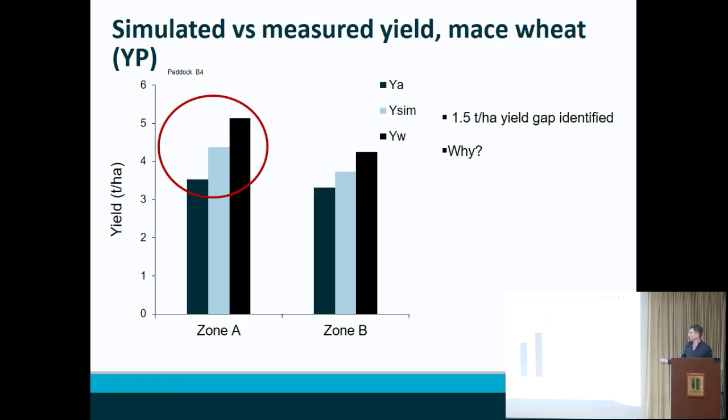And you can see here in this particular example, on zone A of this particular field, we have a 1.5 tonne yield gap, which is quite substantial. In zone B, where there are some soil constraints that we have identified, that gap is much lower.